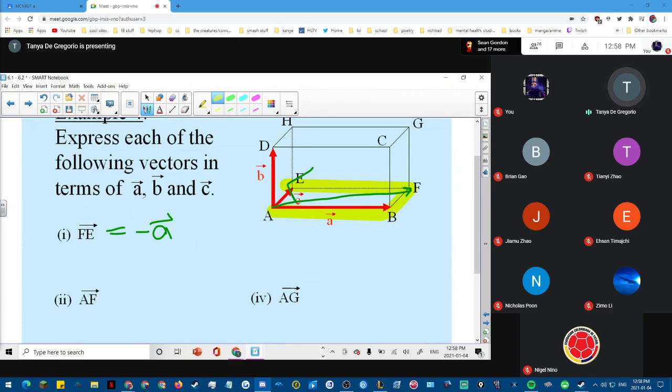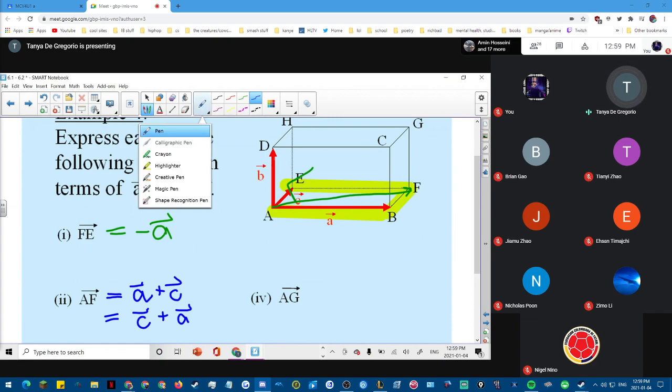And that means I'd have vector A plus vector C. Or if you wanted, you could have gone the other way, which would have been vector C plus vector A. And these are the same thing. This is the commutative law, so it doesn't matter which way you write it, it equals the same thing.